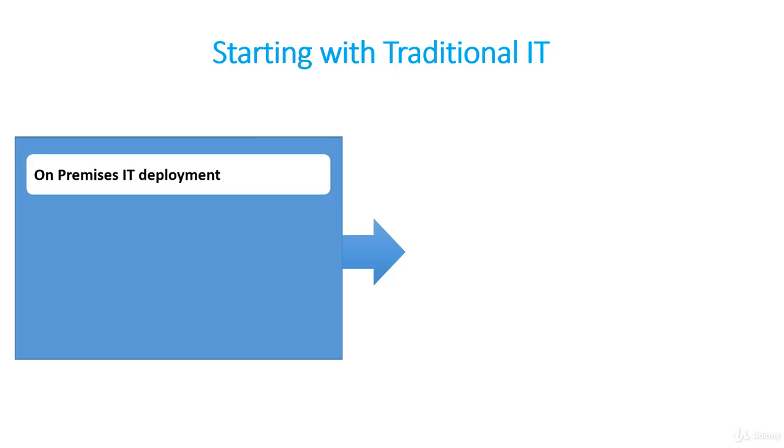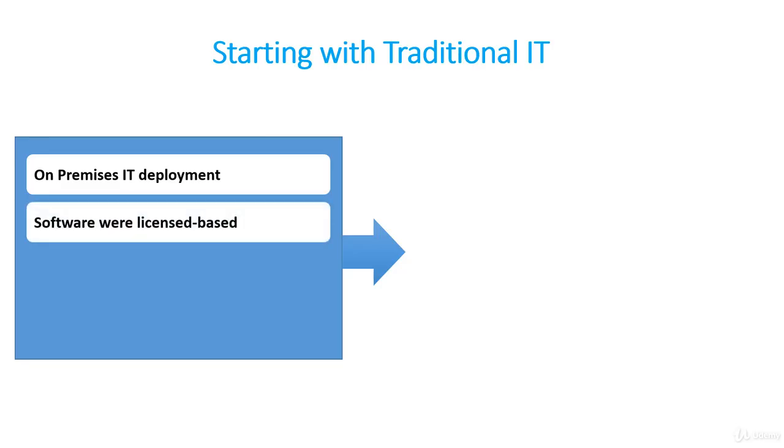the organization's data centers. Any software application that was used inside the data center was license based and also used specific physical resources like servers, network connection, bandwidth, and storage capacity.